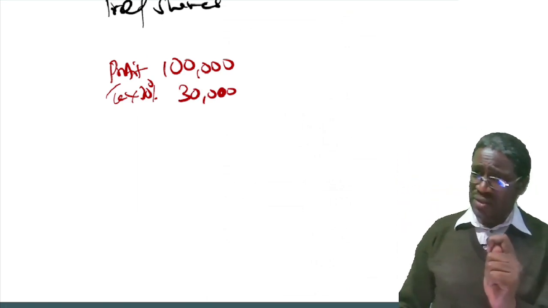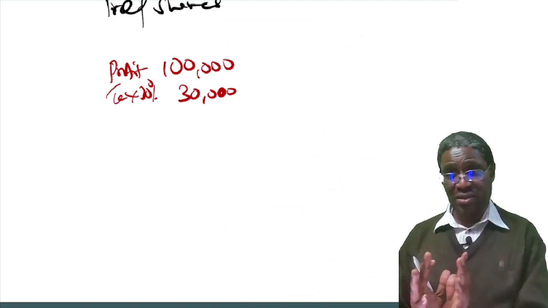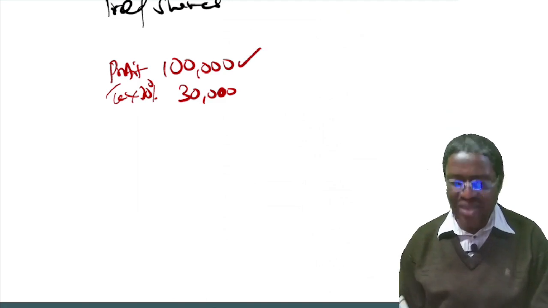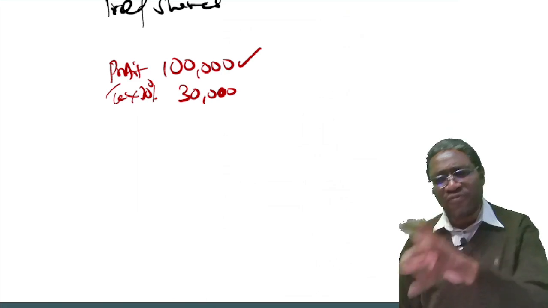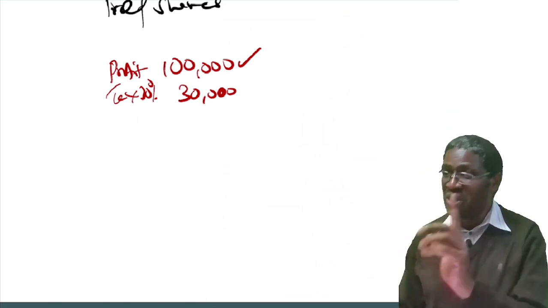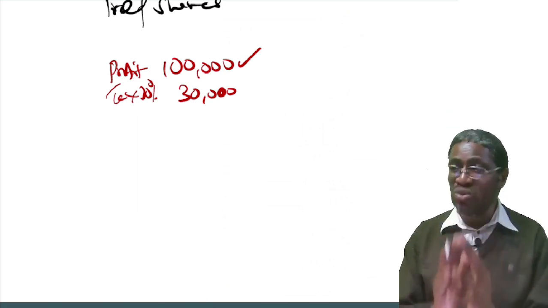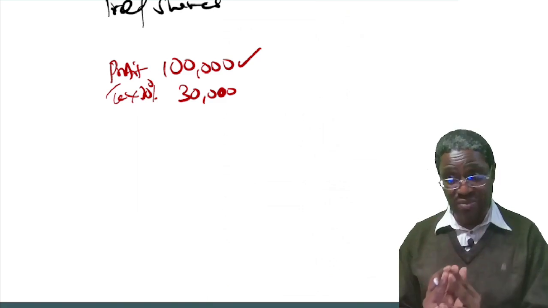But then, when you take this income statement to the taxman, he will not tax you on the 100,000 profit that you have got. Why? Because the taxman follows his rules. You followed your normal accounting principles and concepts to prepare your income statement.